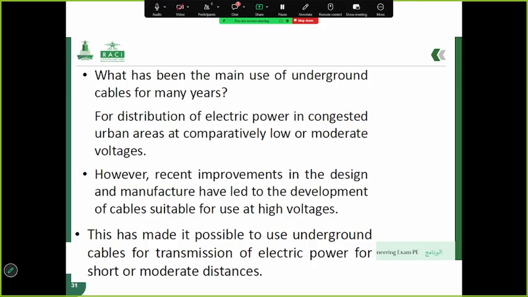So this technological progress has made it a viable option to use underground cables not just for distribution but also for the transmission of electric power over short or moderate distances, particularly in situations where overhead lines are not feasible. This highlights how continuous improvements in power engineering have expanded the practical applications of existing technologies.